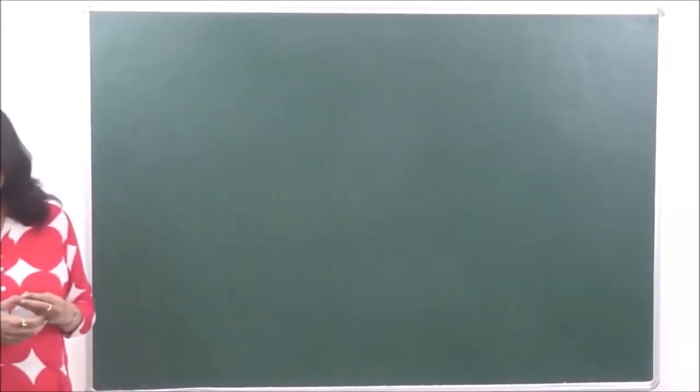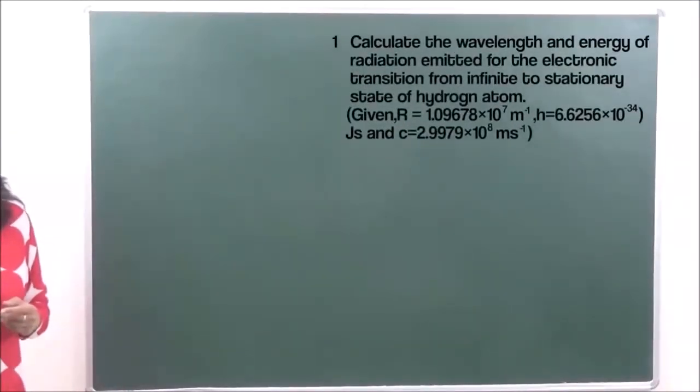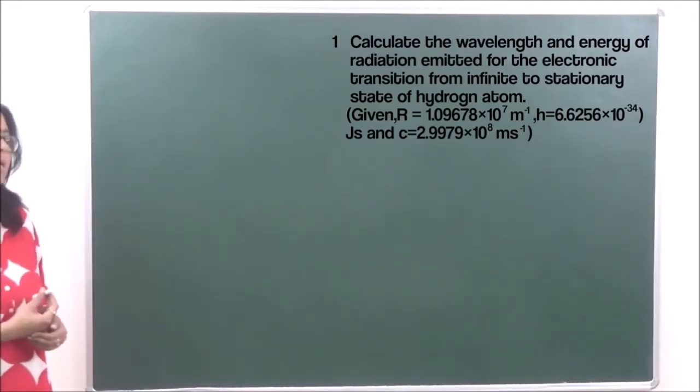The first question is: calculate the wavelength and energy of radiation emitted for the electronic transition from infinity to stationary state of hydrogen atom. Given R is equal to 1.09678 into 10 raised to power 7, H is equal to 6.6 into 10 raised to power minus 34, and C is 2.9 into 10 raised to power 8.